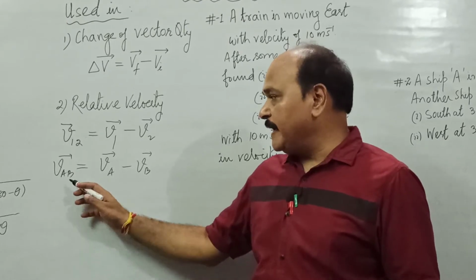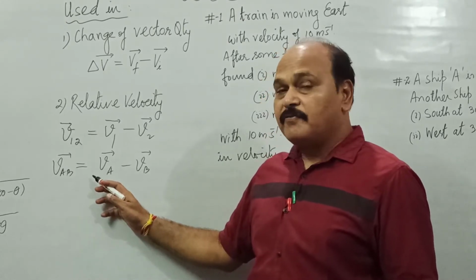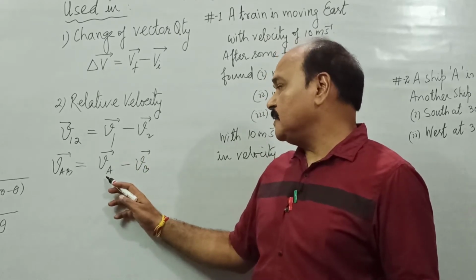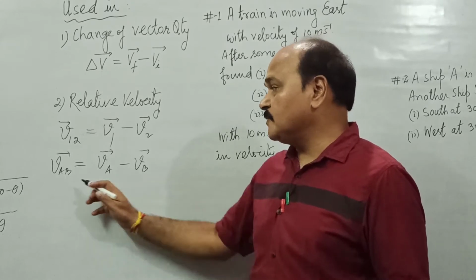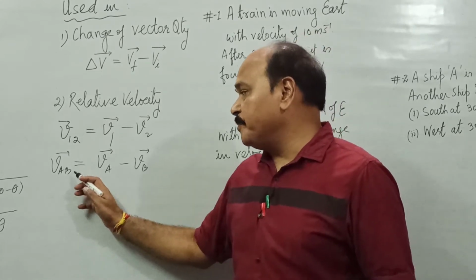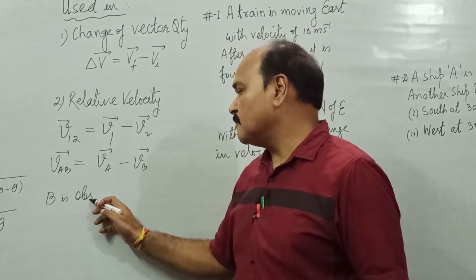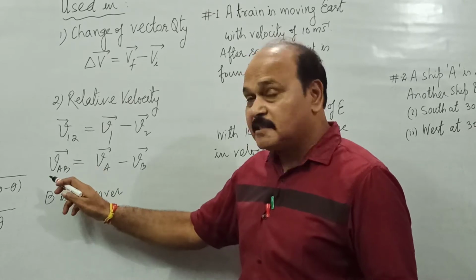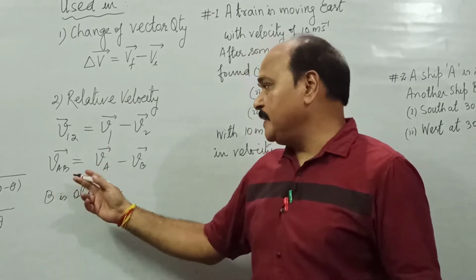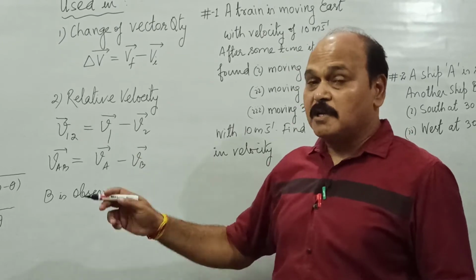Velocity of A as seen from B is the difference of absolute velocity of A and absolute velocity of B. So this is the velocity of A as seen from B. What is B? B here is the observer. So what is the velocity of A as seen by the observer B? It is the absolute velocity of A minus the velocity of B. This is what is relative velocity.